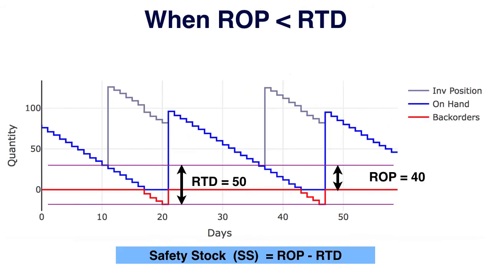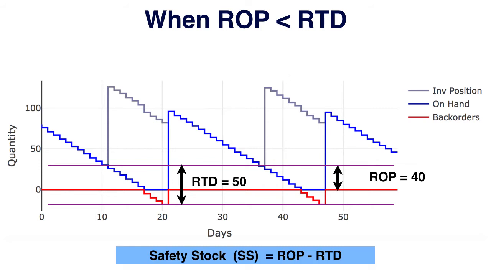What happens when ROP is lesser than the replenishment time demand? You see here RTD is 50, but ROP is only 40, and so you have a sort of negative safety stock, so to say. And what does it mean? It means that you'll consistently show back orders every cycle, assuming this is a uniformly going up and down situation, right?